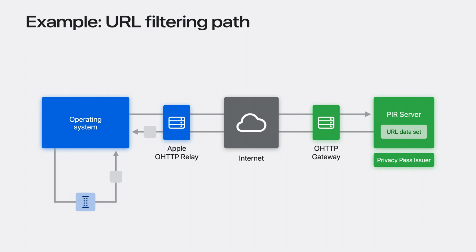With all the pieces in place, I will work through an example to show how URL filtering works. URL filtering will be performed solely by the system. Your app and app extension do not execute in this path. The system will examine all the URL requests, checking each URL against your dataset.